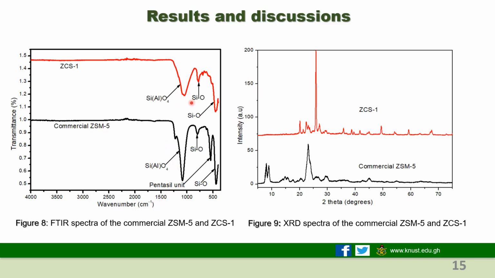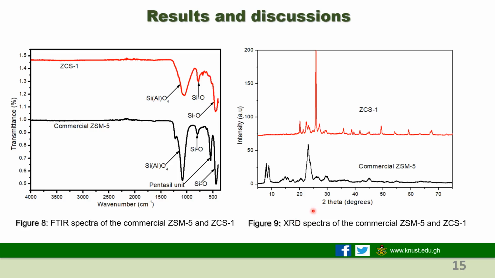The silicon-oxygen bond vibrations are also present in ZCS1 as are observed in the commercial ZSM5. However, the pentasil unit vibration, which is very significant in identifying the ZSM5 framework in a sample, is present in the commercial ZSM5 but absent in ZCS1, indicating that the zeolite phase did not form in ZCS1.